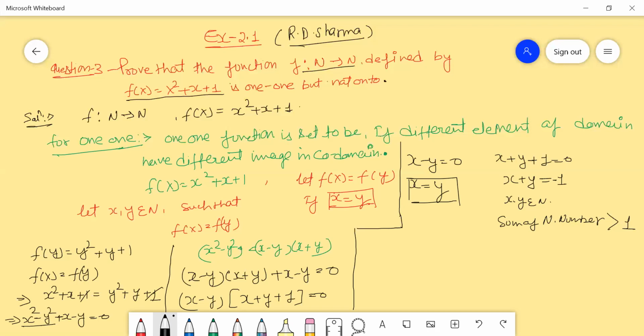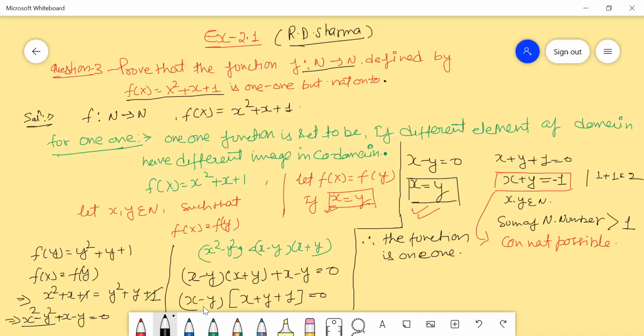But here we have x plus y equal to -1, which is not possible, so we leave it, and we have x equal to y. We supposed that f(x) equals f(y), and we got x equal to y, so the given function is one-one.